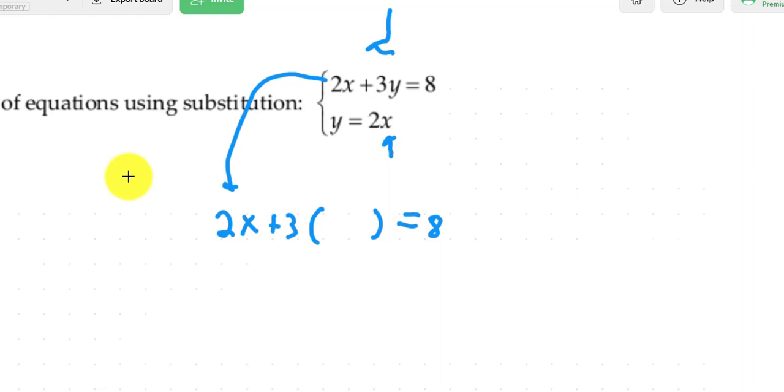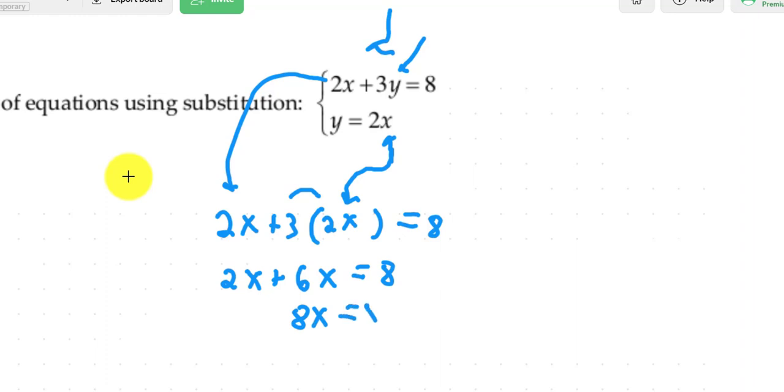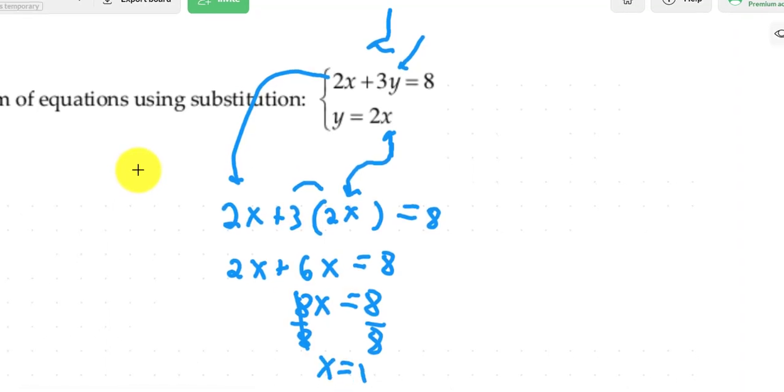Now, if I know y is equal to 2x, I can replace this y with 2x. So now I'm left with 2x plus 3 times 2x, which is 6x, equals 8. If I combine like terms, I have 8x equals 8, and then we divide everything by 8 to get x equals 1. We don't know what the y is yet, but we know y is equal to 2x.